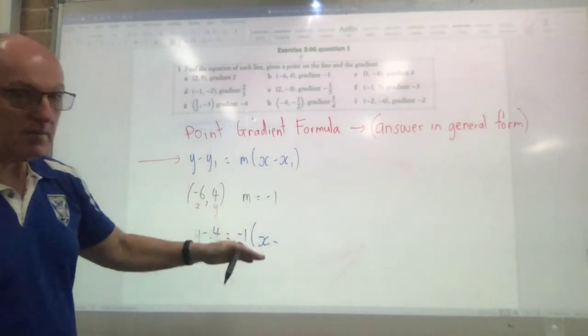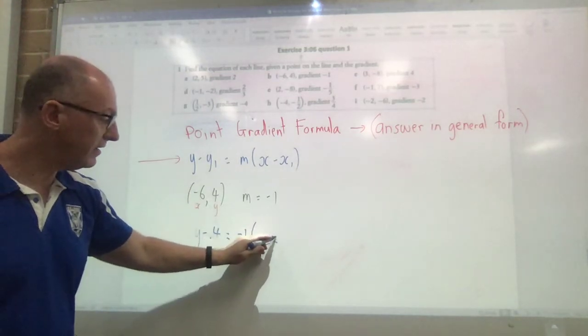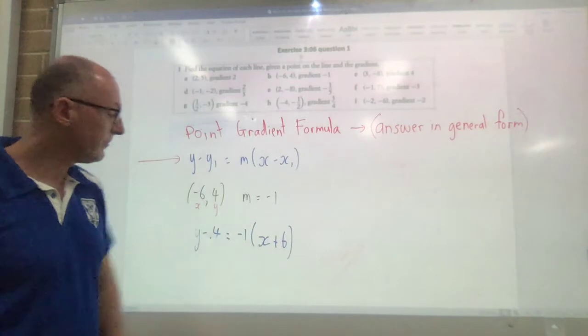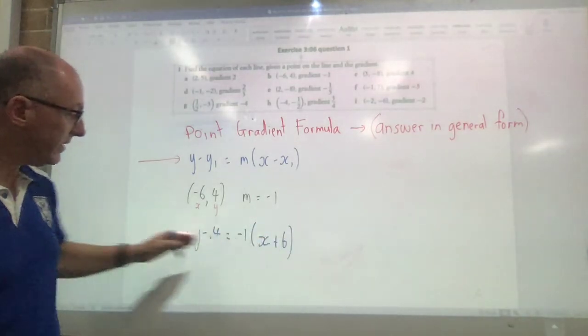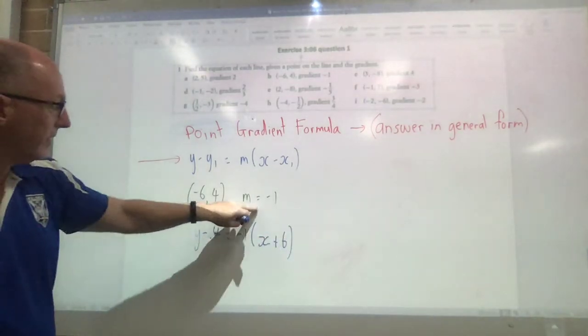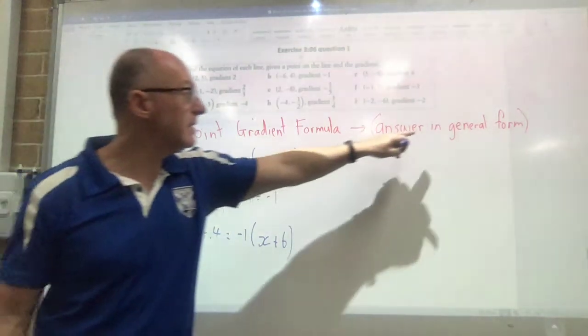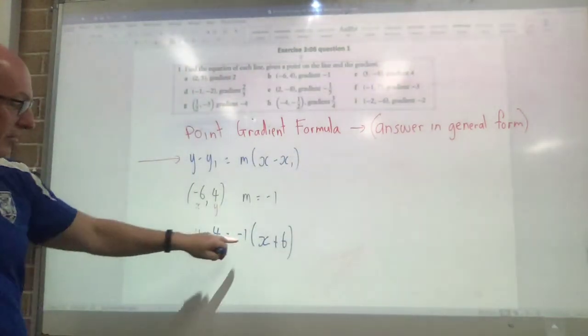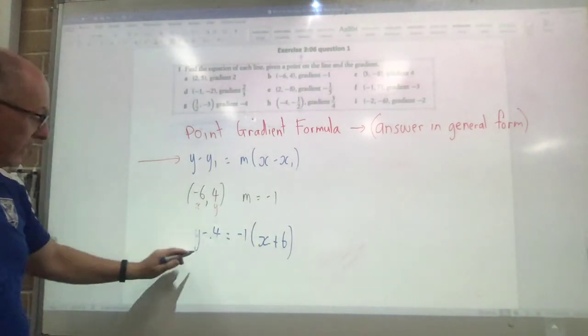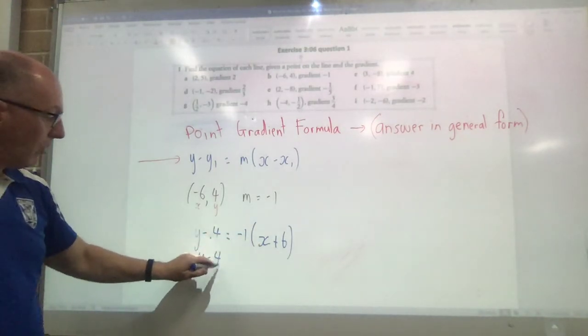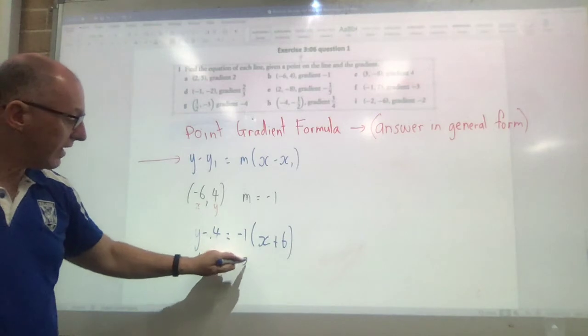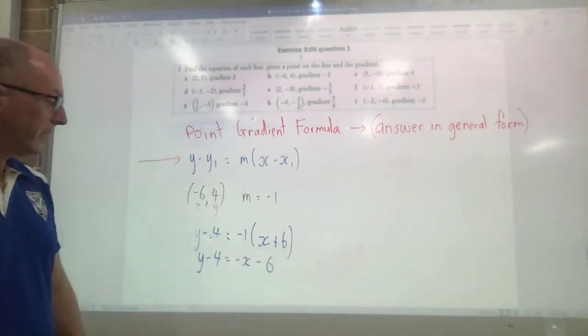So minus 6 is the same as plus 6. Okay, there's our answer. I've substituted these numbers into that formula, but it's not in what we call general form. So I need to expand this bracket first. So I go y minus 4 equals minus x minus 6.